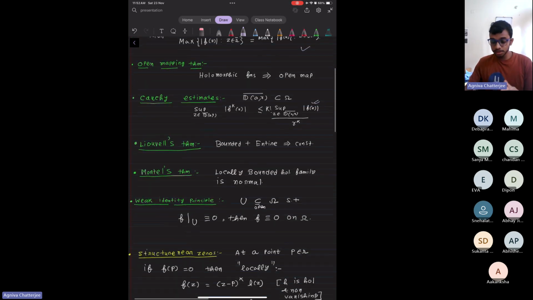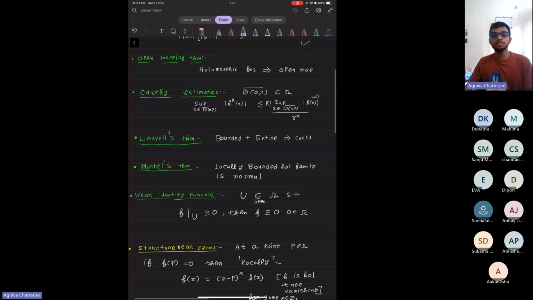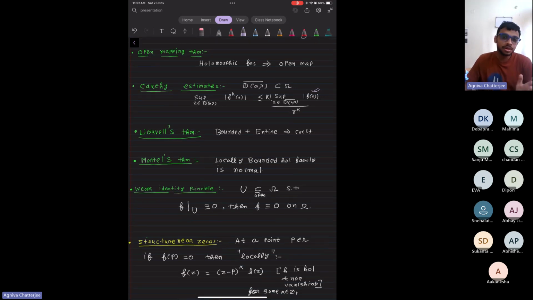Next comes a structure theorem, the structure near a zero. In many exercises you have seen that this plays a very important role: if you have a point p in omega where f(p) is zero, then locally you can write the function as a polynomial times a non-vanishing holomorphic function.